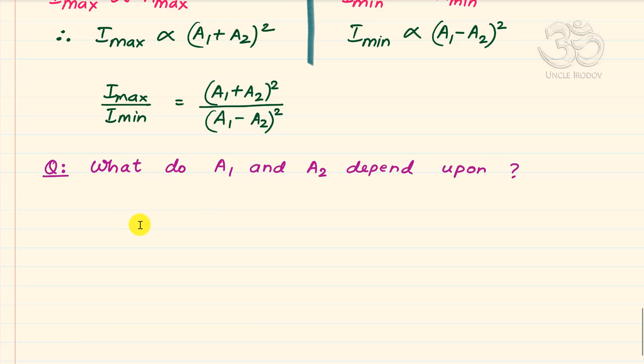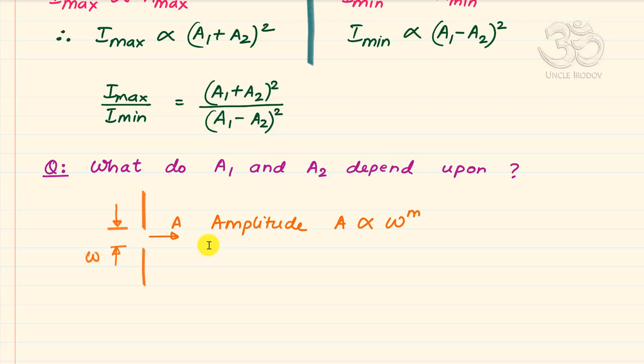So if you have got a slit of width W that allows light to go through to the other side, then the amplitude going through, A, is going to be proportional to W raised to the power M, some number M, where usually I can take M as 1.